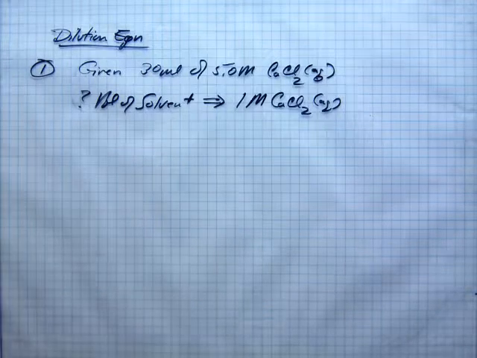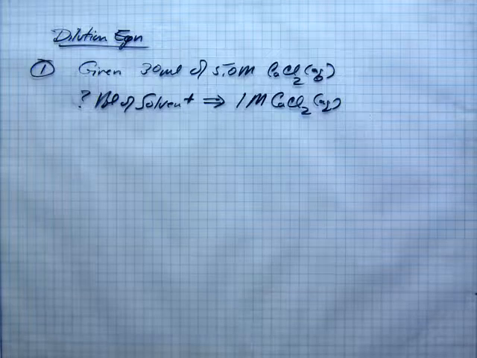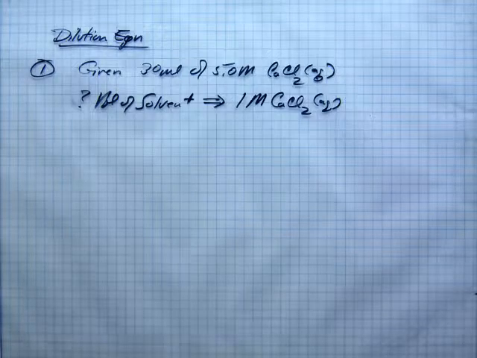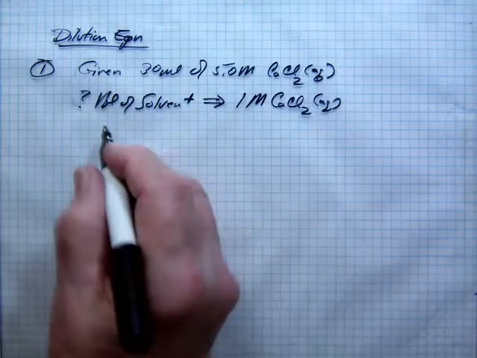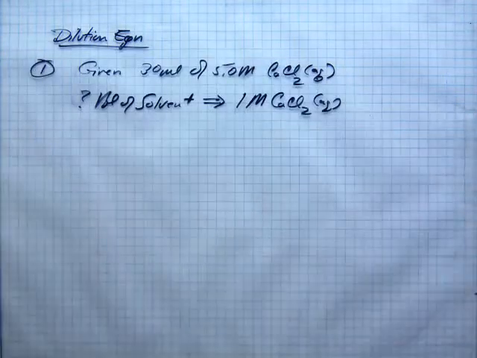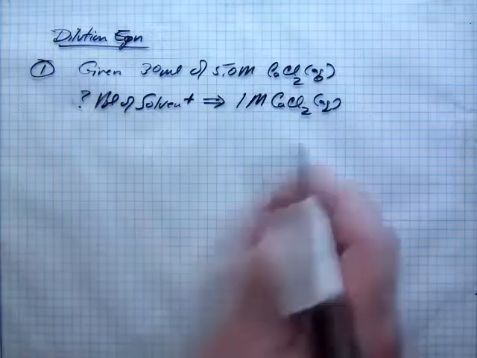Now, typically, I've been teaching you, well, you figure out what volume and concentration you need and then solve for the volume of concentrate. Well, here it's kind of backwards. We just want to figure out what volume will dilute this thing down to 1 molar.